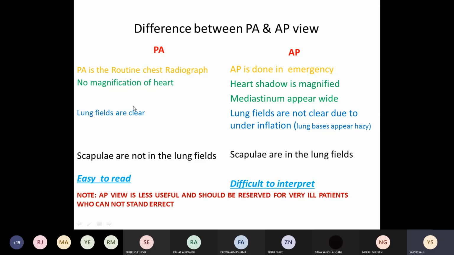So PA is easy to read because the lung field is clear, no haziness of the bases, and the scapulae are not in the lung field. But there is a difficulty in interpretation of the AP film due to presence of the scapulae in the field of the lung. The scapulae cover the field of the lung, the base of the lung may appear hazy, and also the heart is magnified.